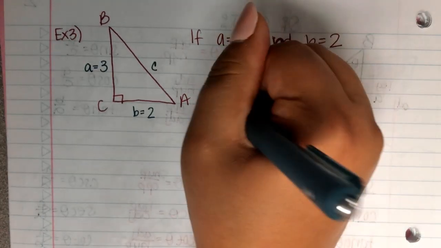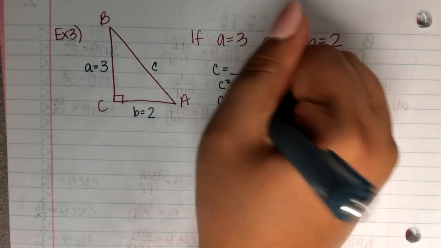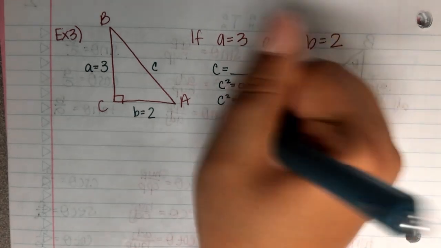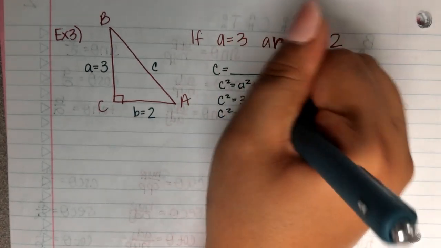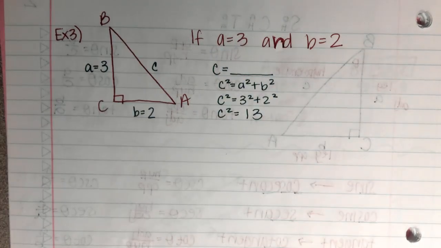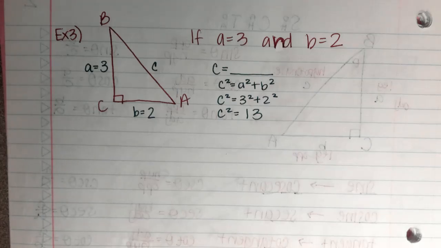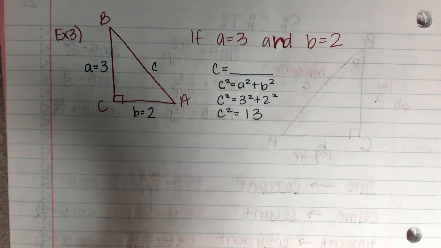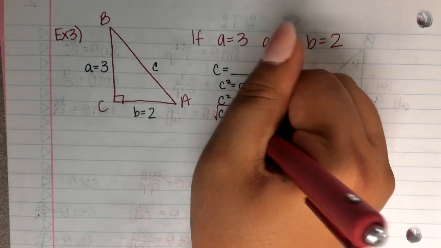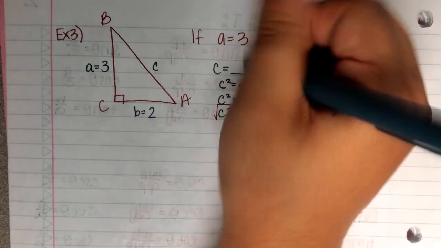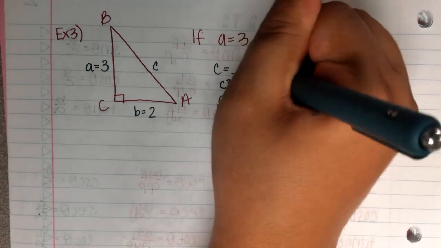Y'all can just do that. Is my answer 13? What is my answer? Square root of 13. Don't give me a decimal, just leave it. Square root 13.